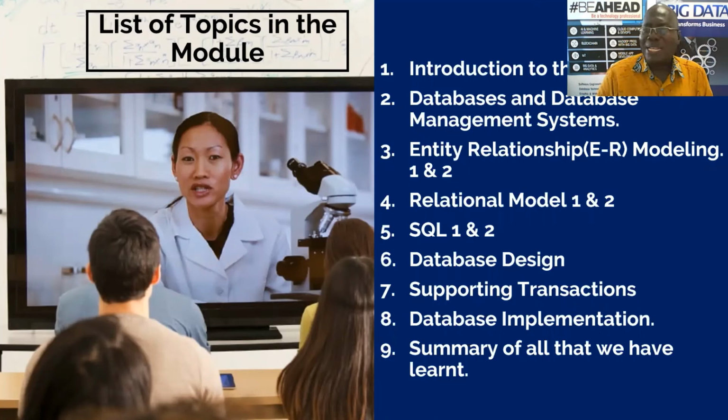You may be looking at database and database management systems. I have explained the two already, but now let's look at entity relationship modeling, which is a representation of a real model. I'm sure you know those models that work on the catwalk.